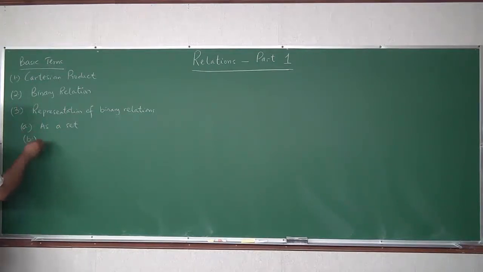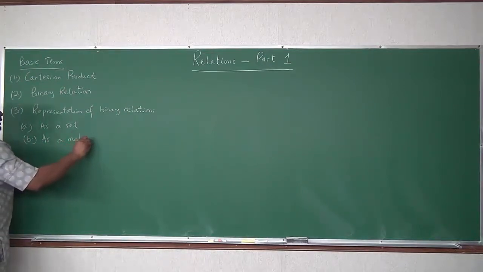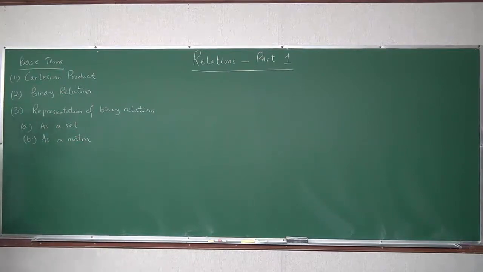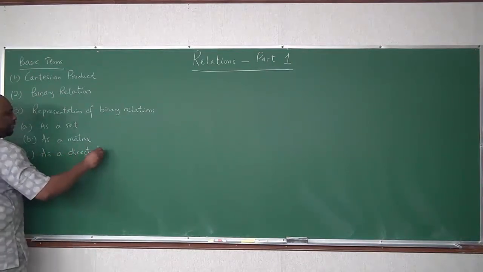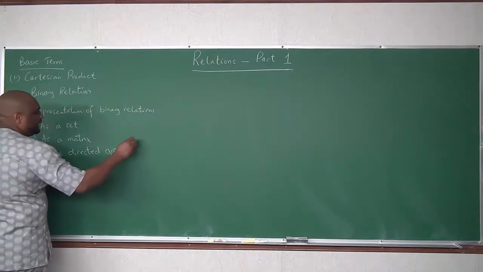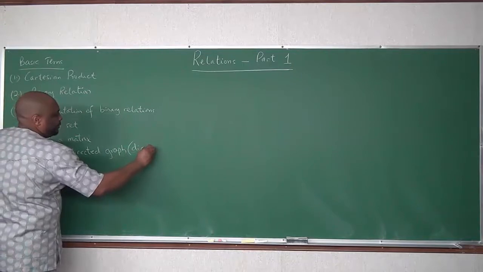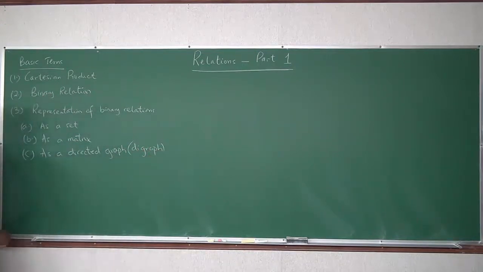Okay, of course that is the basic one. We shall look at as a matrix. So we have done matrices, so we shall look at that again. Then we shall look at it as a digraph, what we call a directed graph, or what we say digraph. Okay, and under this digraph, we shall look at the vertices and the edges.